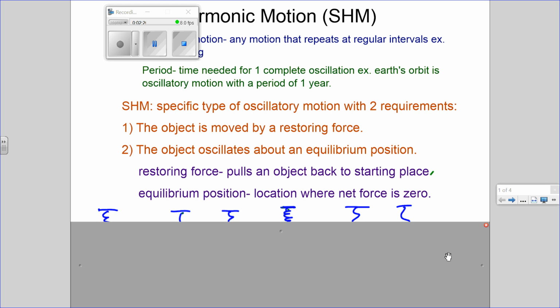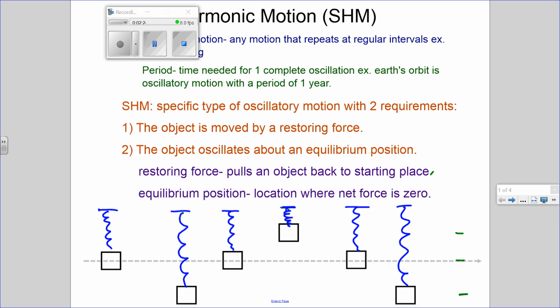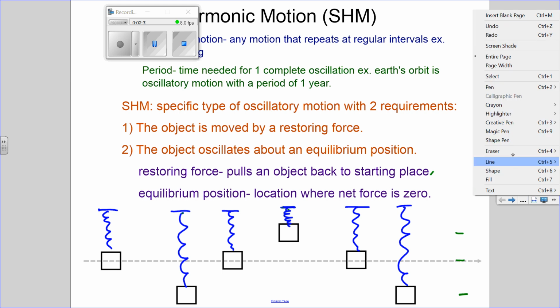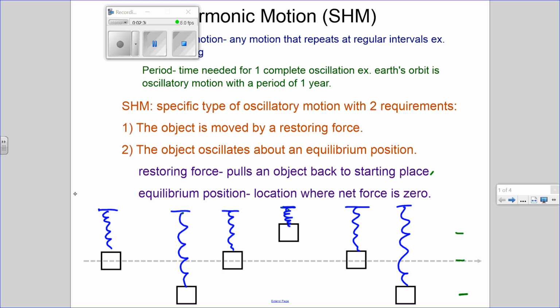Okay, so let's look at an example of something undergoing simple harmonic motion. And a mass on a spring is a really good example of this harmonic motion.